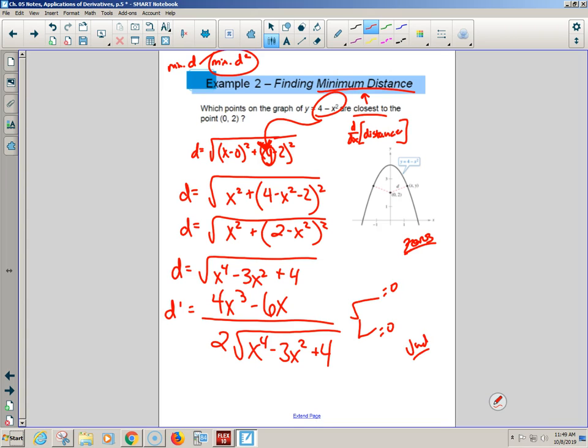Okay. So zeros, how are you guys doing with x equals 0 and plus or minus square root of 3 halves? Yeah. How did I get that? Then it becomes 2x squared minus 3.